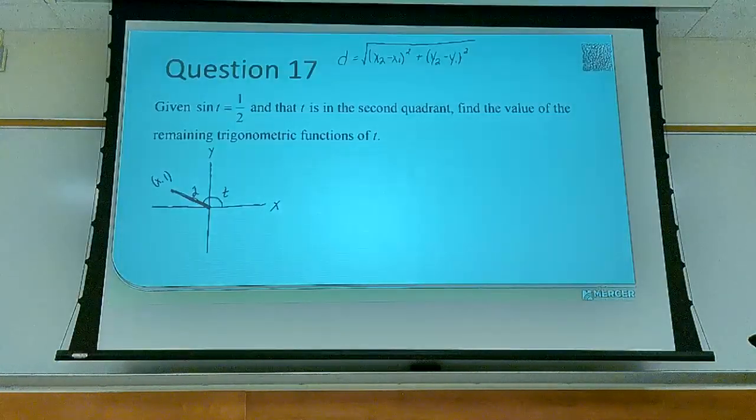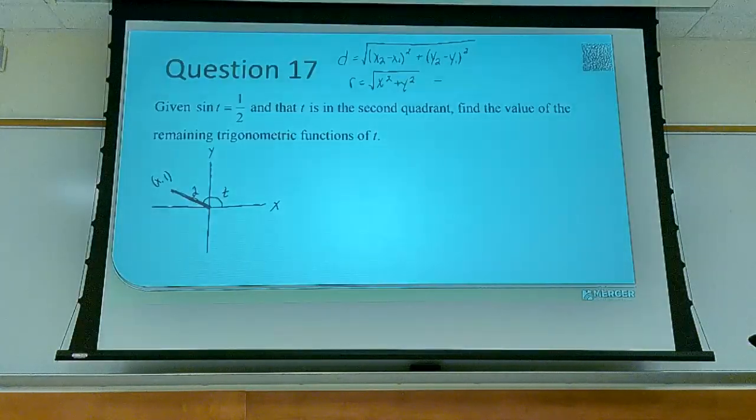It's a point, so it has to be an ordered pair. Where does the line segment start? The origin, 0, 0. But distance is r. 0, 0 is the origin, x, y is your terminal point. There's the radius.